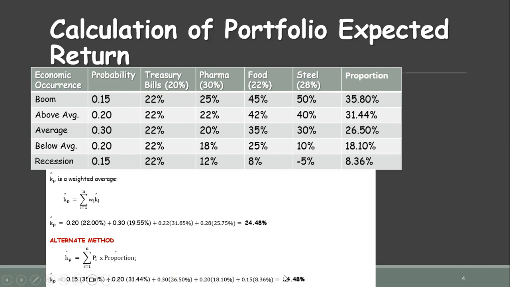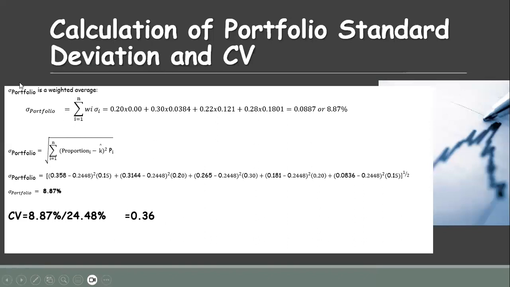You will find the similar answer. It's up to you which method you want to adopt, because when we compare different portfolios, we usually choose the second method. Here the expected return of the portfolio equals 24.84%.